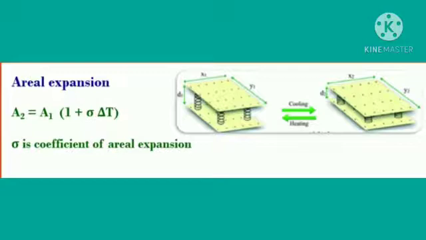Here delta T is the change in temperature, A1 and A2 are the initial and final areas of the sheet, and sigma is the coefficient of areal expansion of the solid.